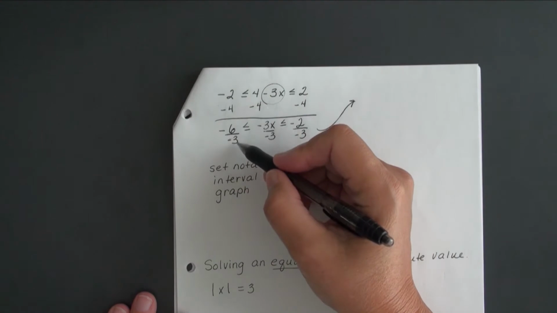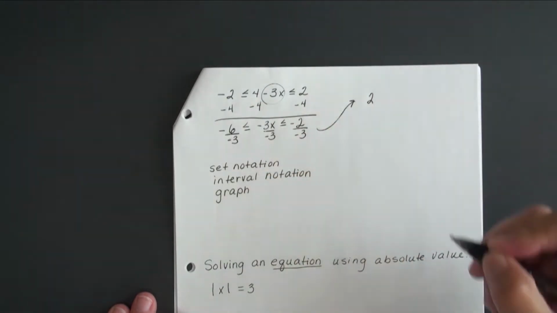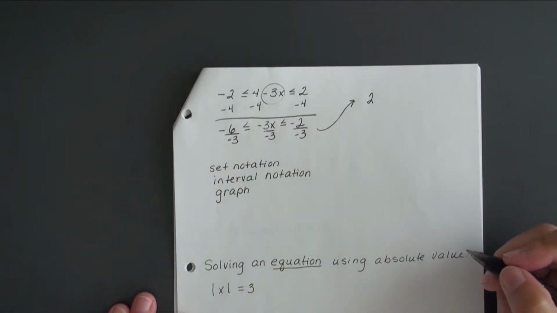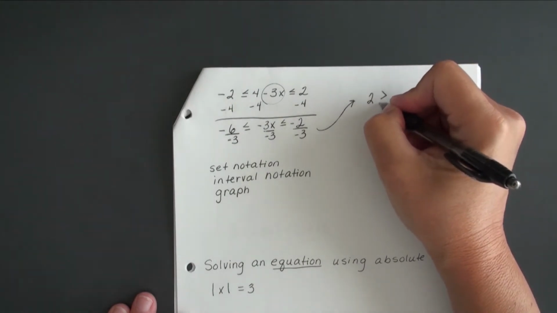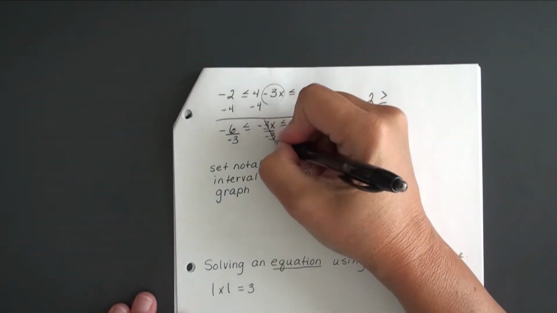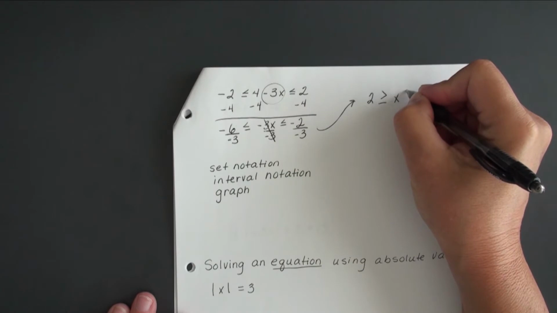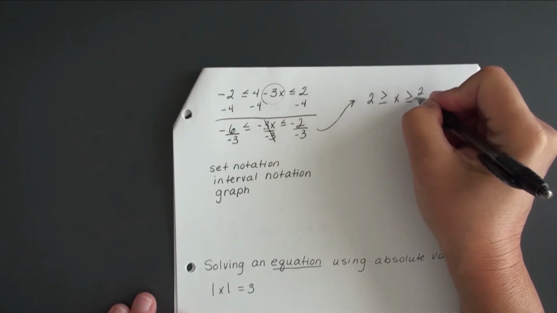So we're going to have -6 divided by -3 is greater than or equal to x, which is greater than or equal to 2/3.